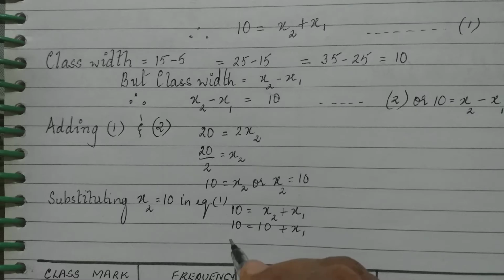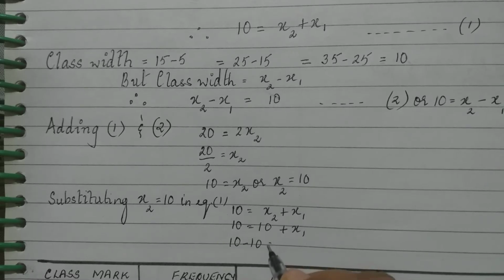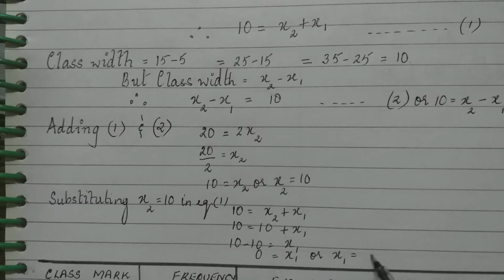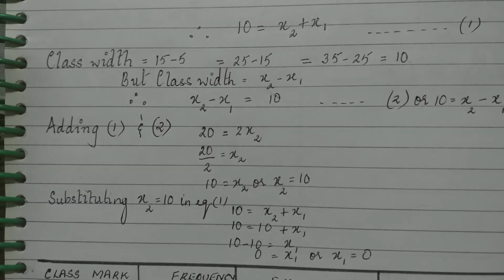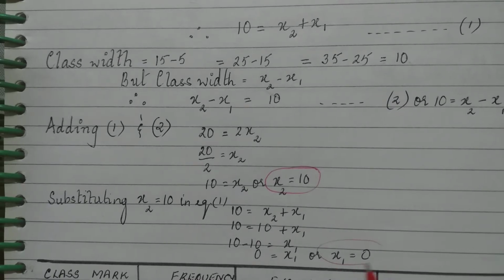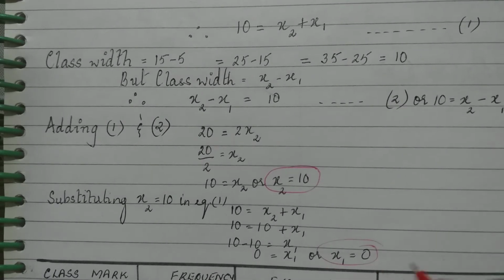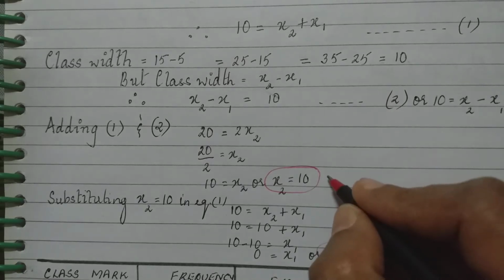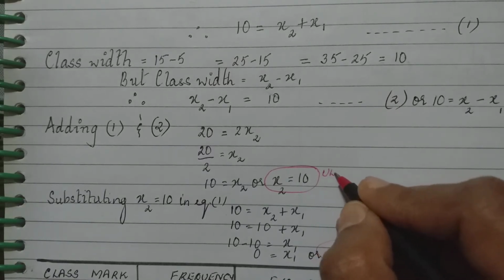If I take 10 on the other side, 10 minus 10 equal to x1, or x1 is equal to 10 minus 10, which is 0. So x1 equal to 0. Now I have the values of x1 and x2: x2 is 10 and x1 is 0.